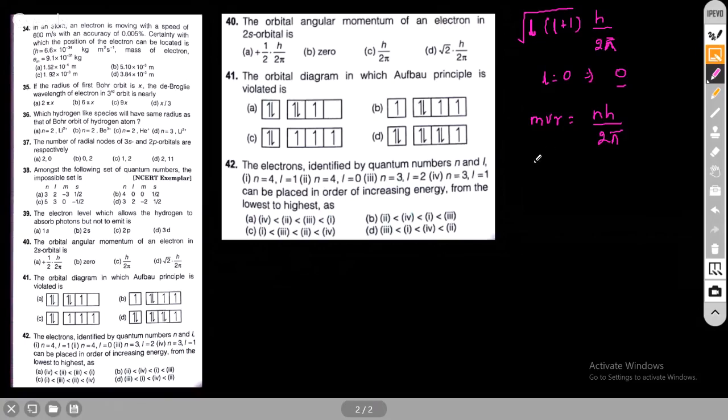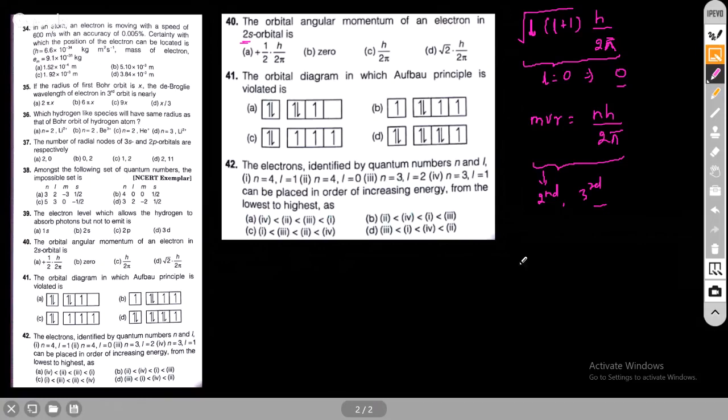But this formula we use when the number of the orbit is given, like the second orbit or third orbit, and we substitute n accordingly. But if the orbital is given, like a 2s orbital, then we use the formula root over of L into L plus 1 times h by 2 pi, where L is the quantum number. So L value for s orbital is 0.